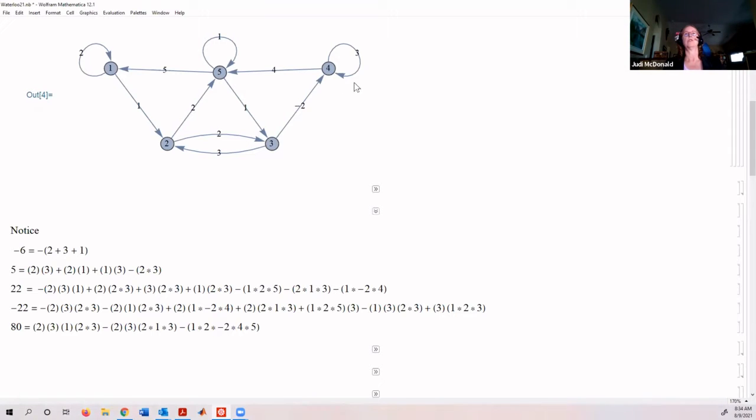So I've got the 2 loop with the 3 loop, the 2 loop with the 1 loop, and the 1 loop with the 3 loop. So I've got 3 pairs of loops, and then I've got an actual 2-cycle sitting here, weighted with a 2 and a 3. So it turns out my 5 can be put together using these disjoint cycles of total length 2.